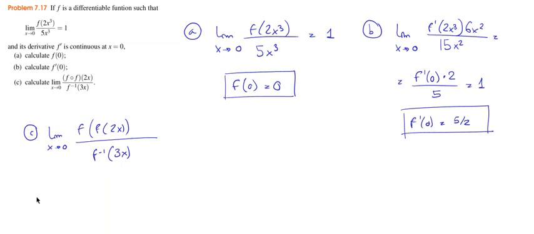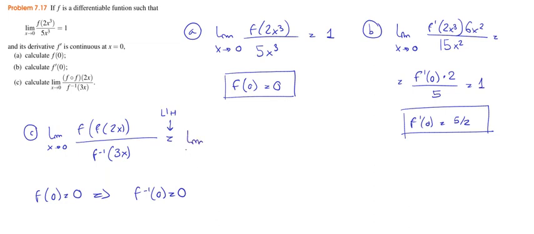If f at 0 is 0, then this implies, taking the inverse on both sides, that the inverse of 0 is going to be 0. You think about what that inverse is. If f crosses the origin, then the inverse also crosses the origin, right? So that means this is a 0 over 0 indetermination, and in order to compute it, we need to apply L'Hopital's theorem.